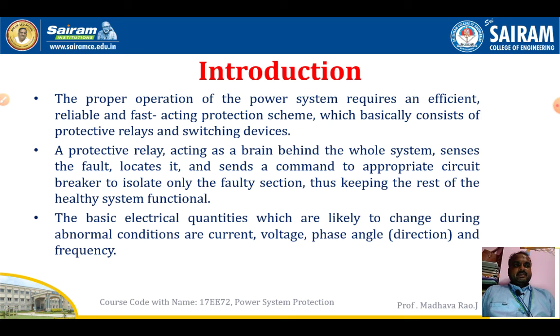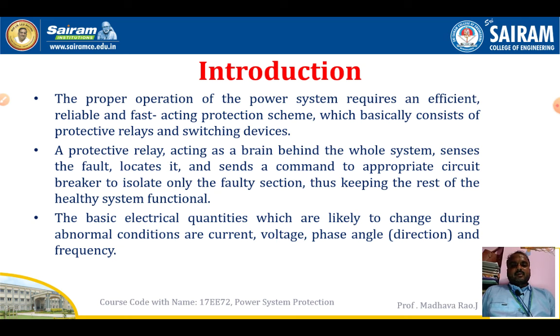It will send the faulty location or faulty part in the power system, and send a signal to the circuit breaker. So the circuit breaker, what will it do? It will isolate the faulty part only. The healthy system keeps as it is, without disconnecting.